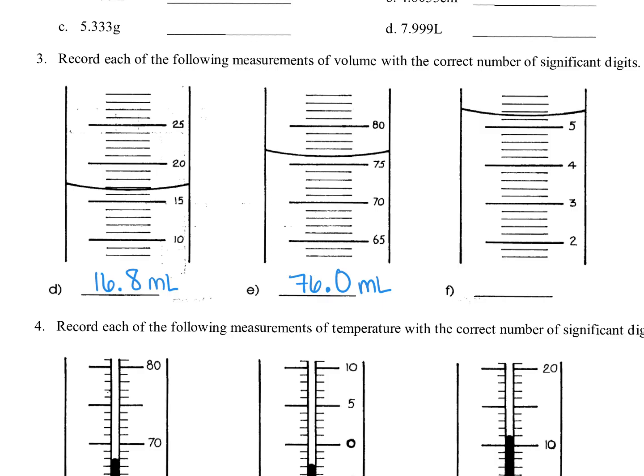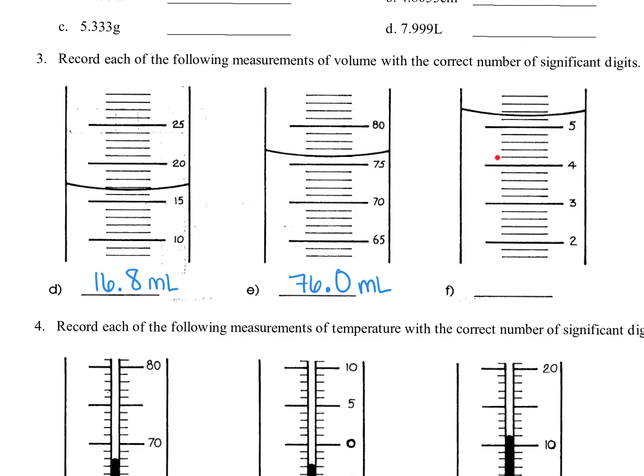Okay, and then let's look at the third one. So here's 4, here's 5. What does each individual line represent? Do you agree? Okay, this is 4, this is 5.